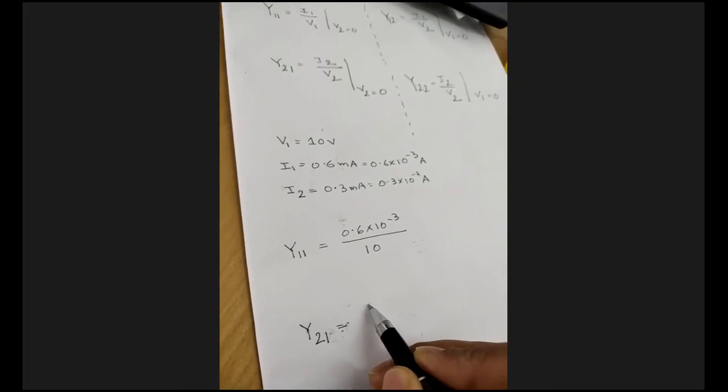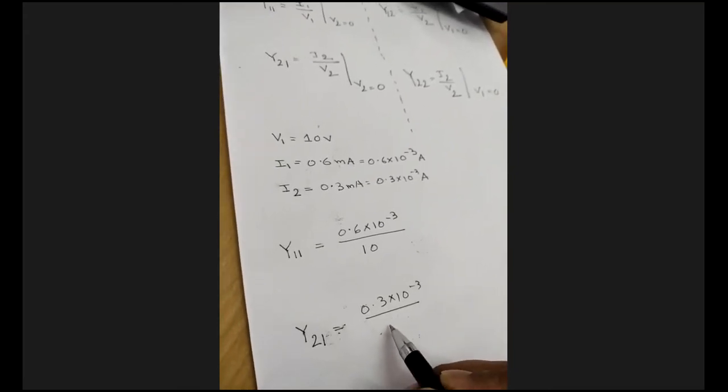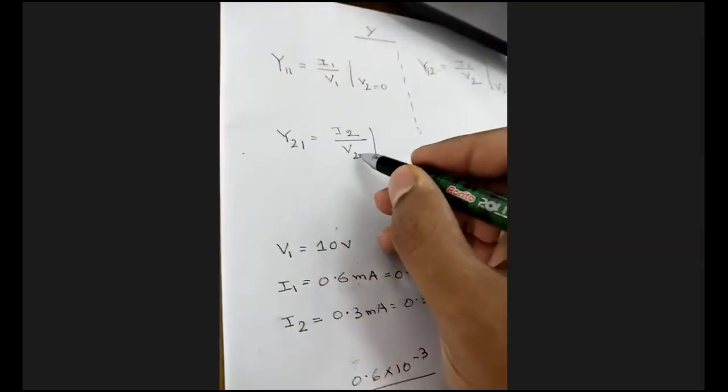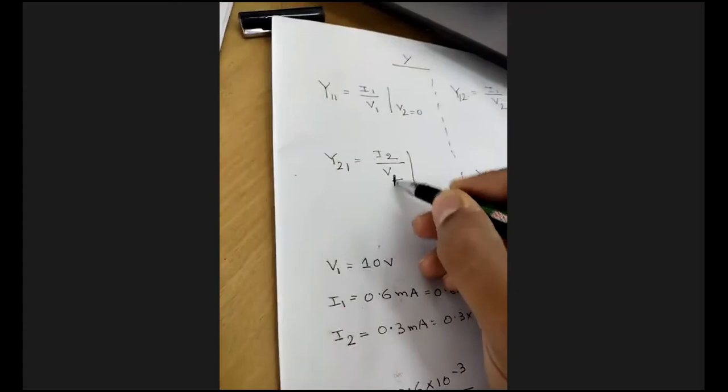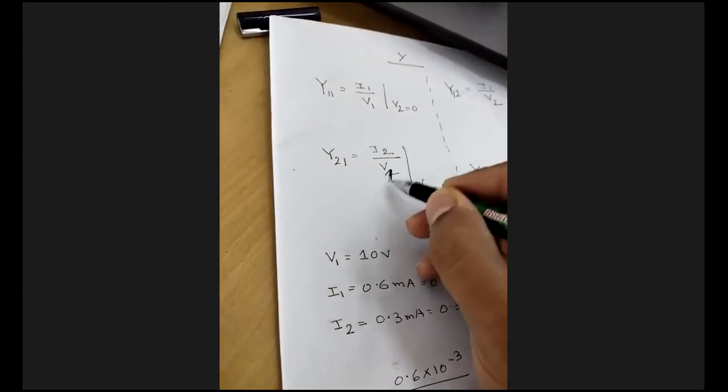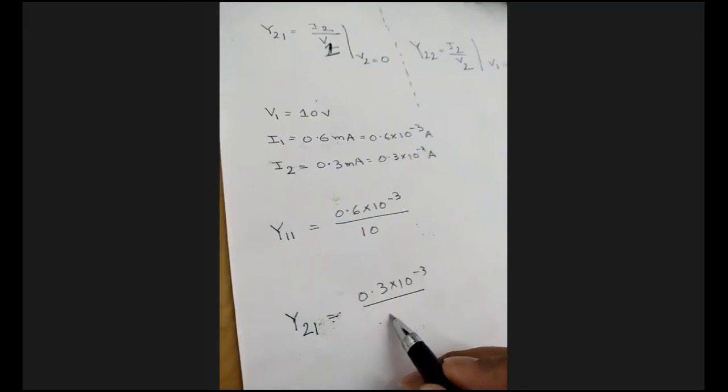I2 is 0.3 into 10 to the power minus 3, divided by V1, and V1 is 10. Please calculate this and tell me the value. Okay, you can calculate this.